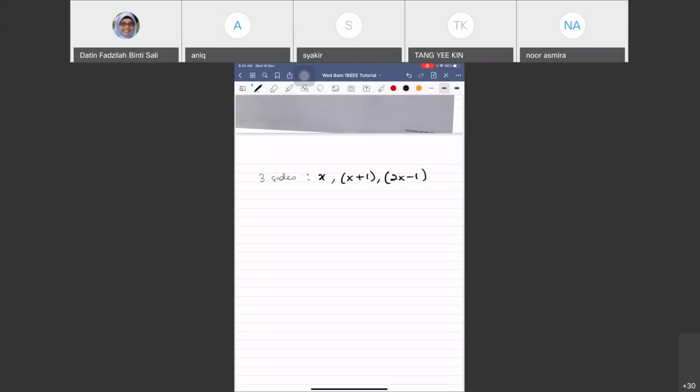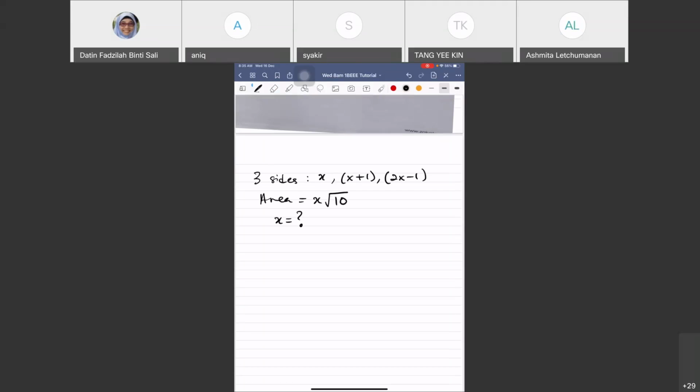This is the length of three sides, and you are given the area from the question as x times square root of 10. So what is the value of x? This is what you want to find.